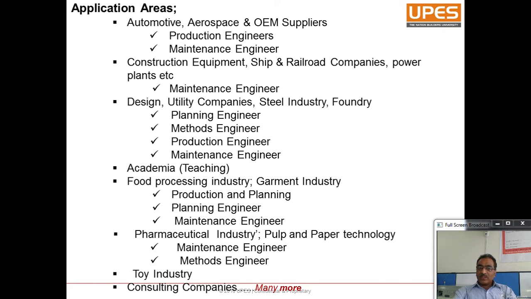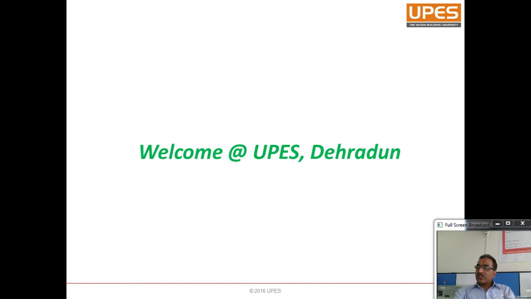In the food processing and garment industries, a production engineer can be very useful as a production and planning engineer or maintenance engineer. In pharmaceutical, paper and pulp, and sugar industries, one can go as a maintenance engineer or a methods engineer. Then there are other industries like toy manufacturing, consulting companies and many more. The list is never ending.